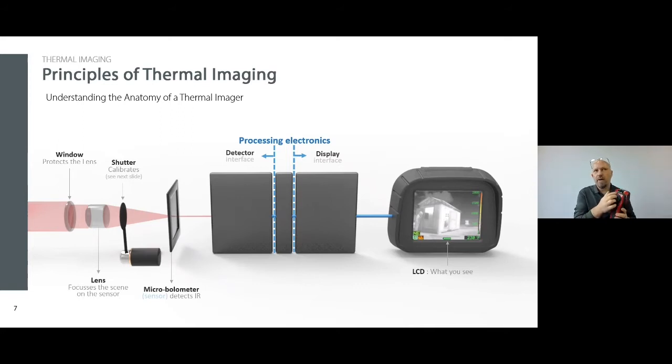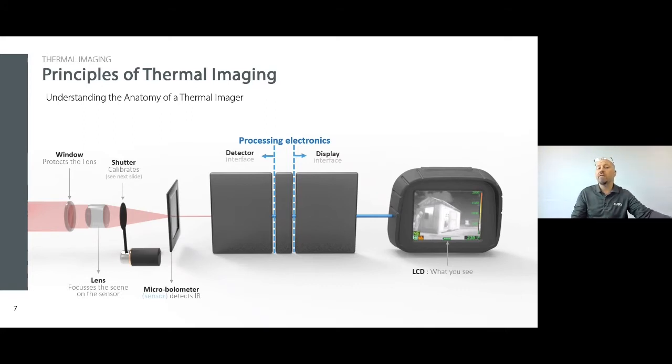So that's quite an important thing because it protects the sensor electronics and the lens behind this. So when this gets dirty, which it will with fire, soot, smoke particles on there, you can wipe it with a cloth and you've cleaned your camera. So it's a very important part of the camera, this window, and it's user serviceable.